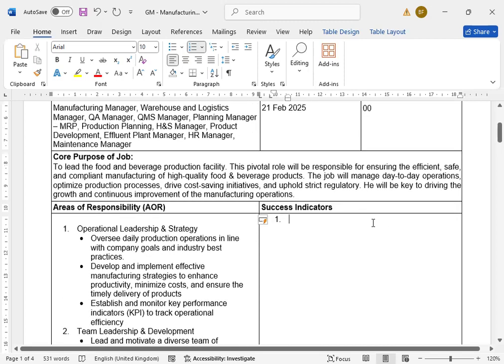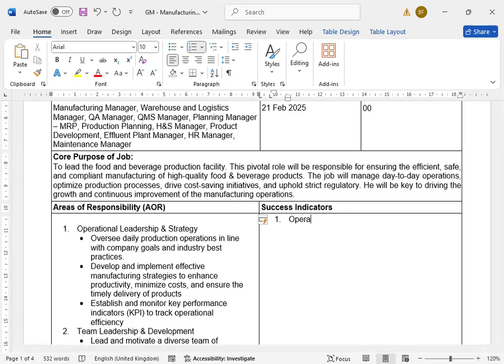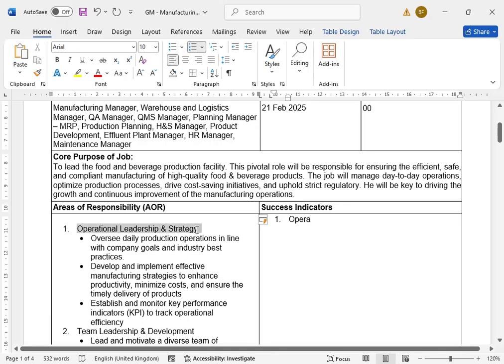Okay. So what I'm going to do is start with operational, and just copy this one. Just copy it like that. Be a lot quicker.